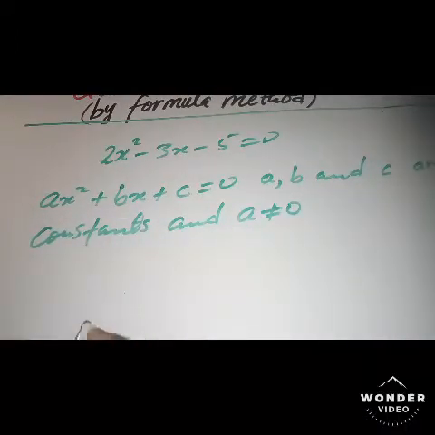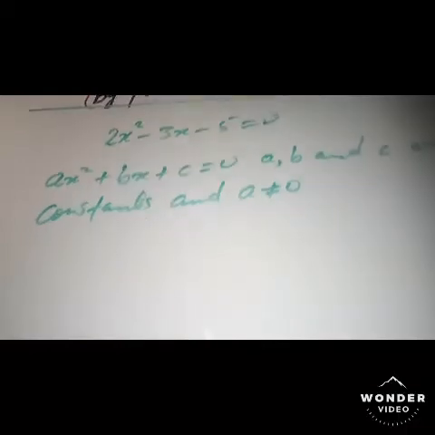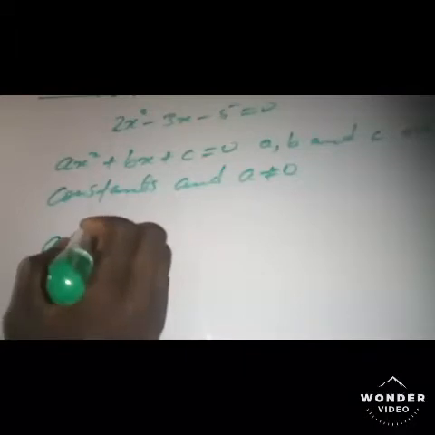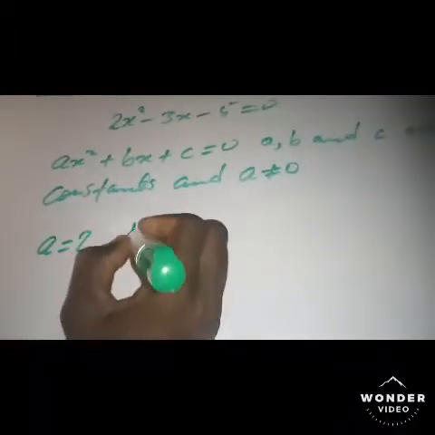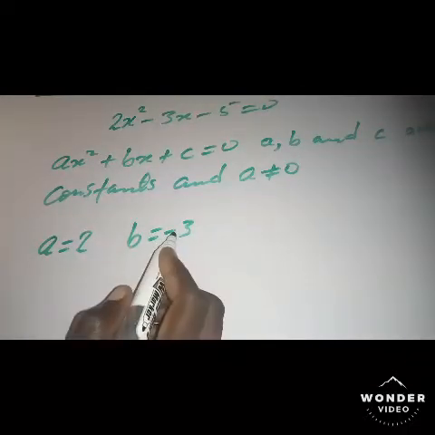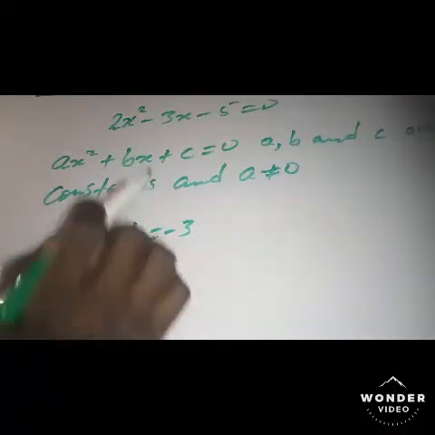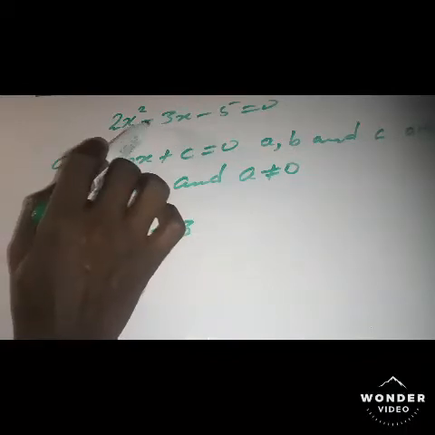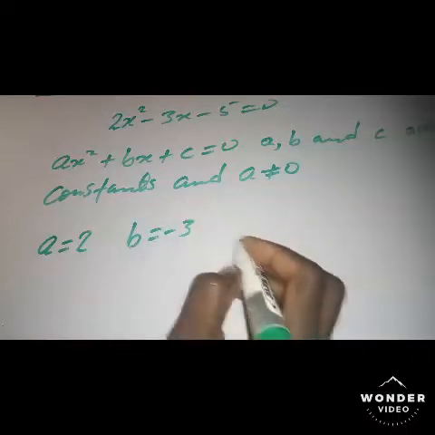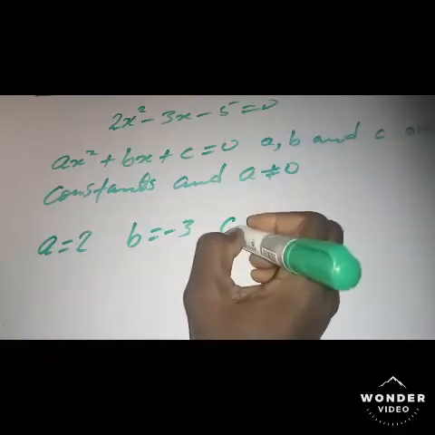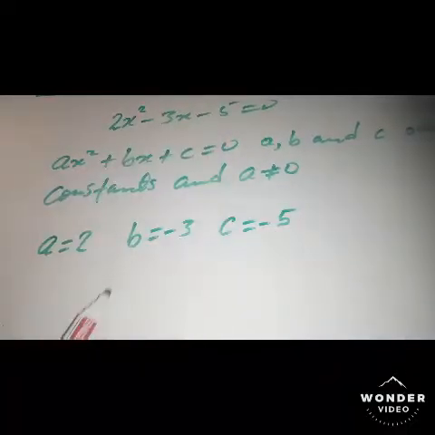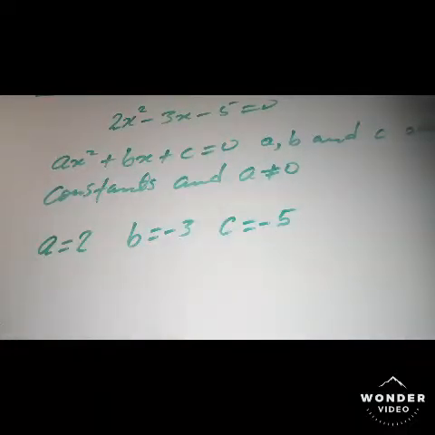So to make it clear, my a is equal to 2, my b is equal to -3, not only 3, because the sign goes with the number immediately after it. Therefore, b is -3, and also c is -5. The negative sign goes with the constant 5.